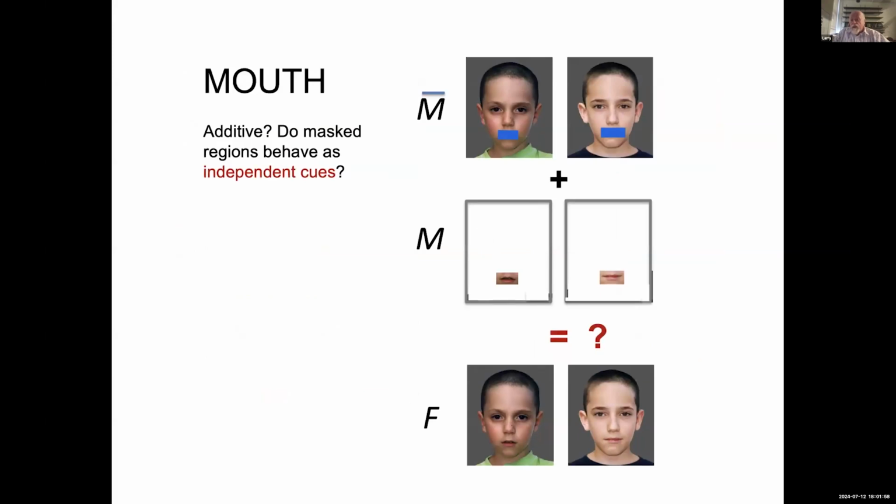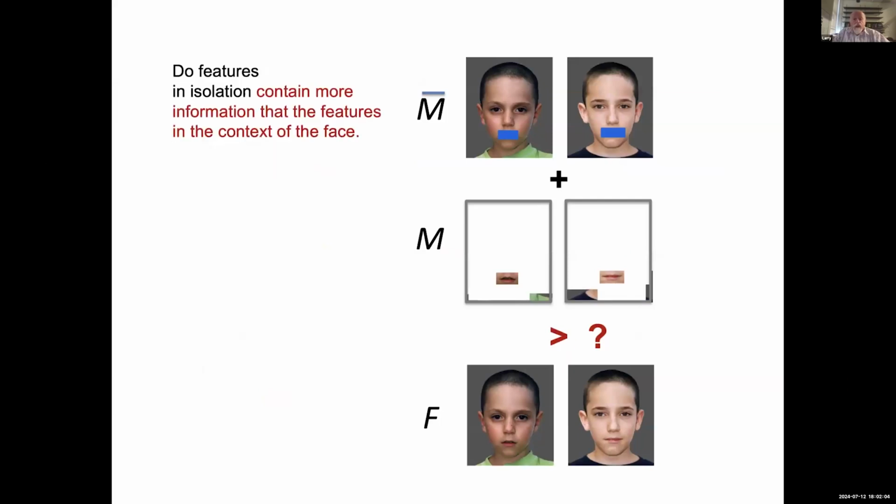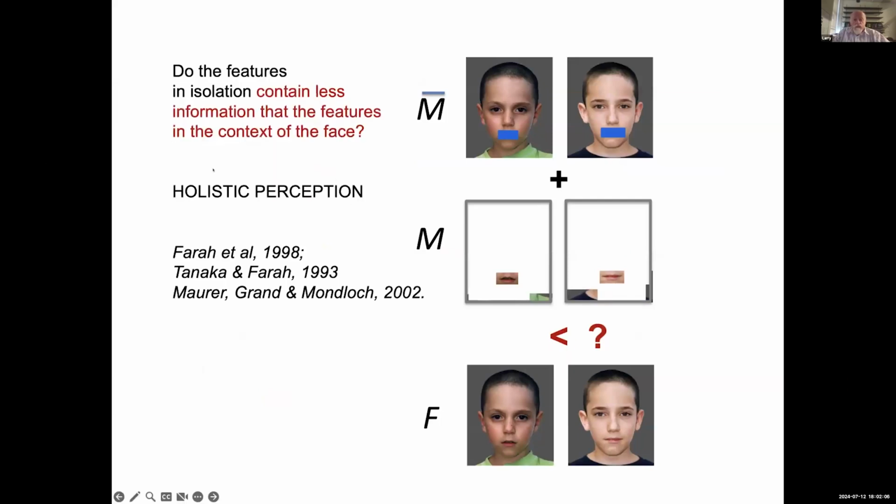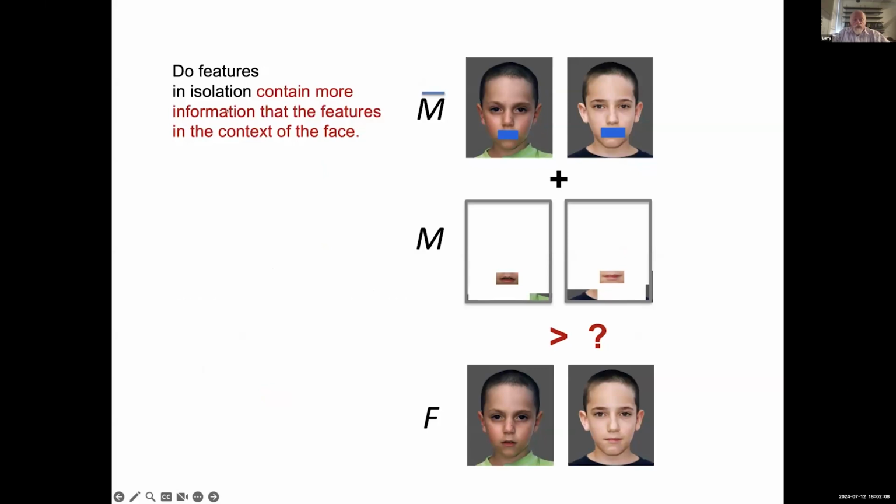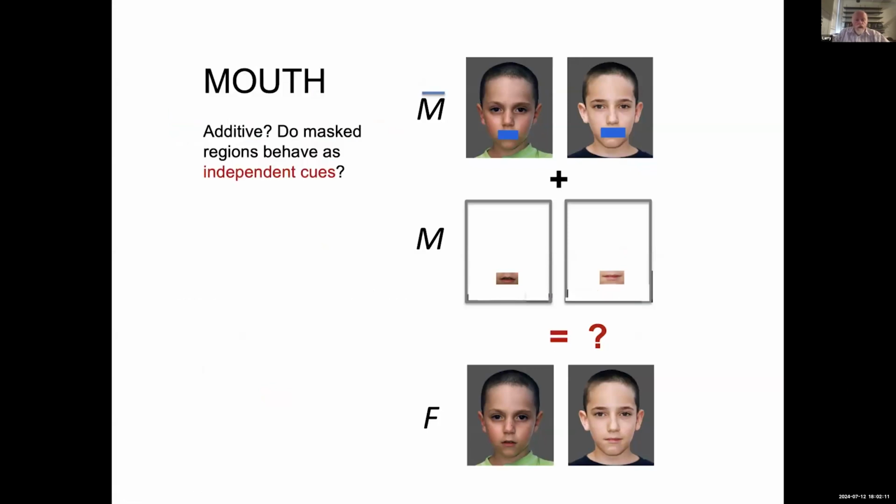And do they behave as statistically independent cues is technically what we're looking for. One possibility is that masked regions, in fact, are additive. So they behave like independent cues, just like typical cue combination.